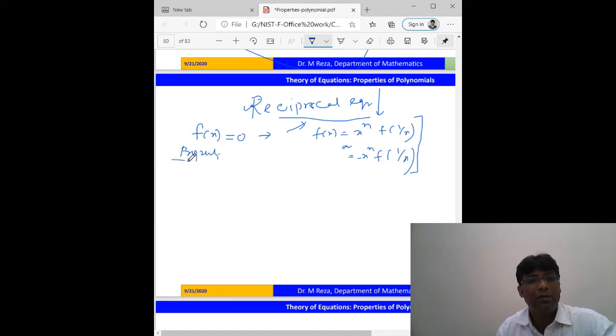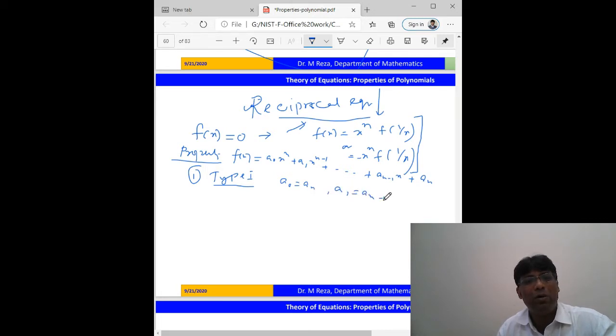The property is that if f(x) is equal to a0 x^n plus a1 x^(n-1) plus dot dot dot plus a(n-1) x plus an, this is my polynomial equation. The first property, type 1, is that a0 is equal to an, a1 is equal to a(n-1), and so on.